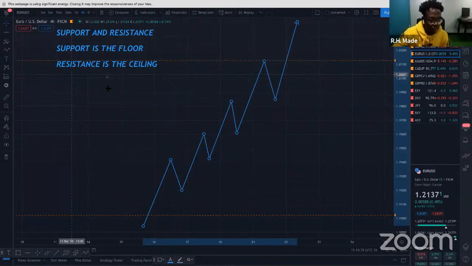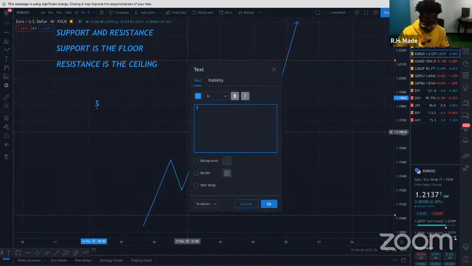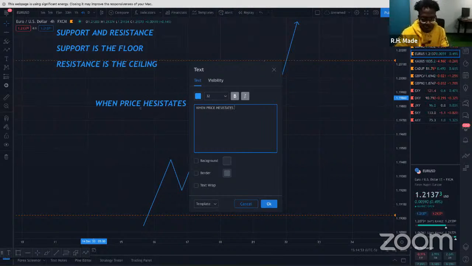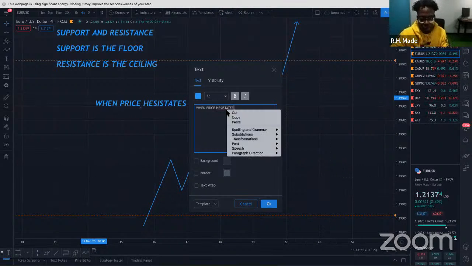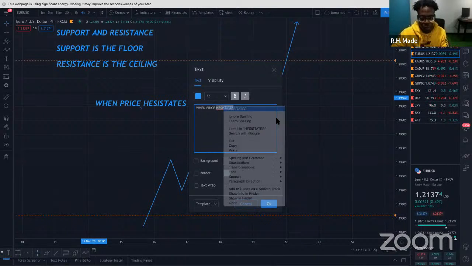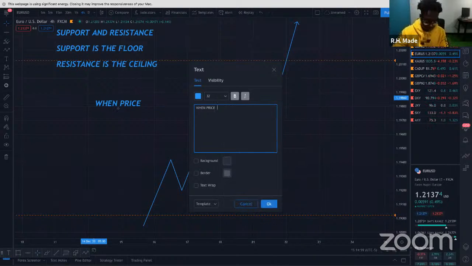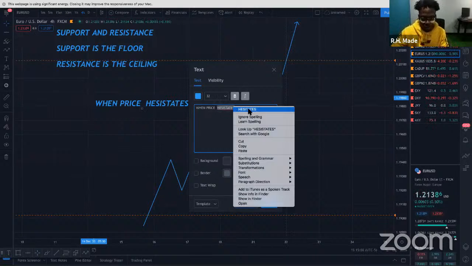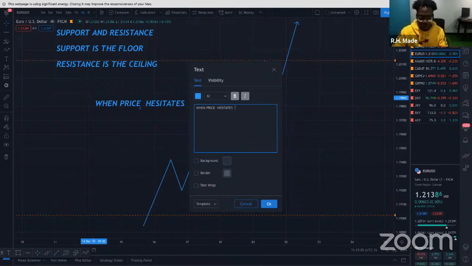So I'm going to write that down so you can take notes. When price hesitates and reacts to a certain point in the market.